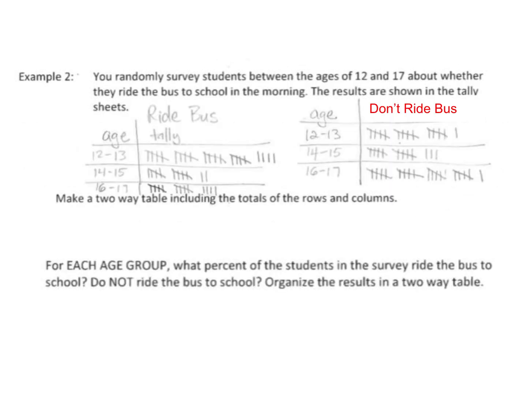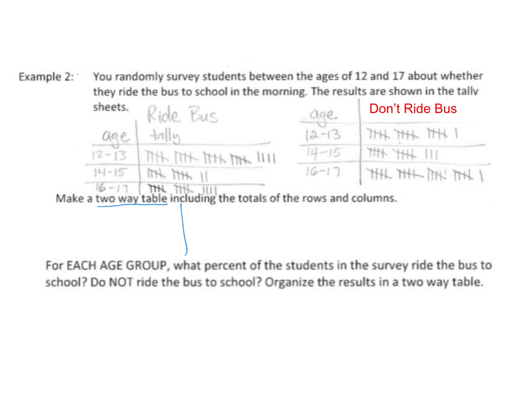All right, so then again, here we're going to go ahead and make a two-way table. And it says you randomly survey students between the ages of 12 and 17 whether they ride the bus to school in the morning. The results are shown in the tally sheets. And then here we're going to make a two-way table.